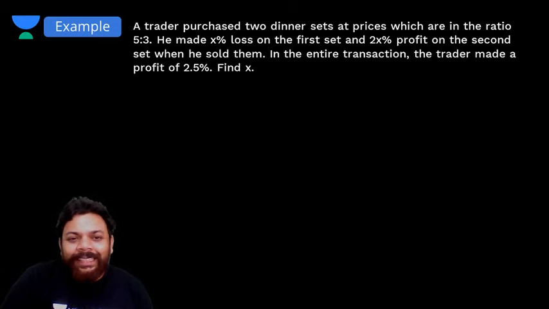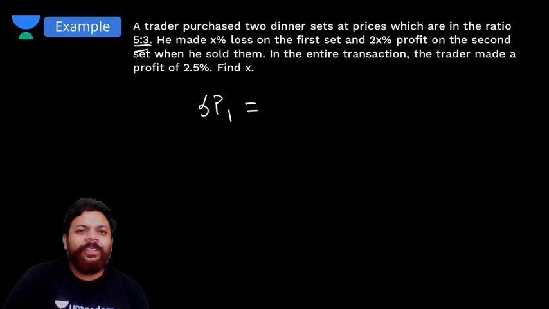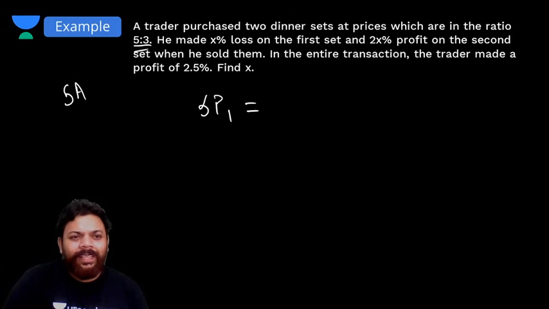So I can definitely write the selling price of the first article as, let us first assume the cost price of this one is, let's say, 5A and the second one is 3A.